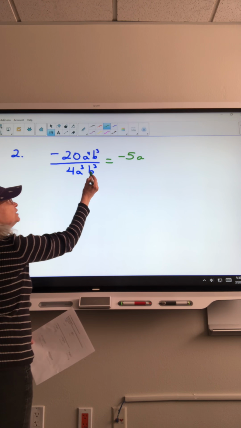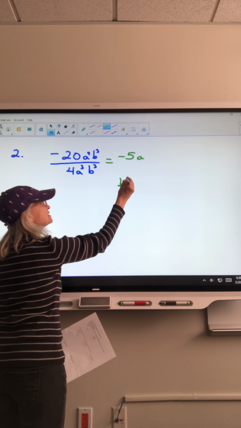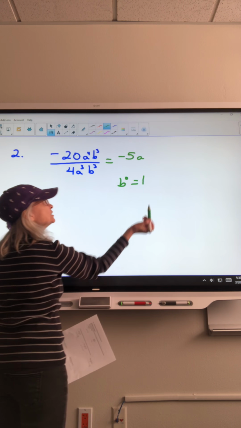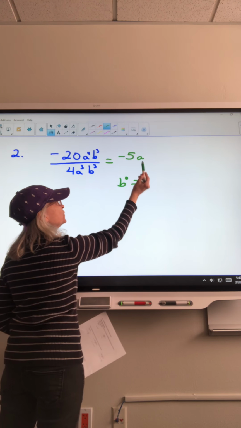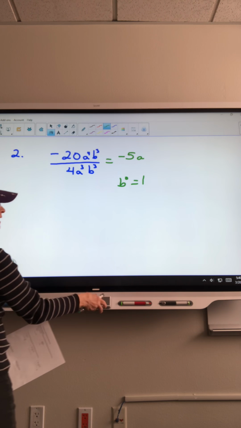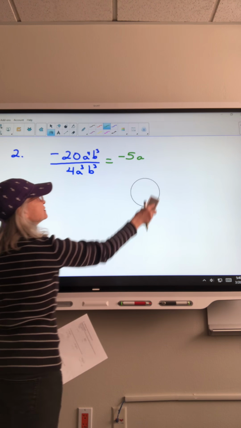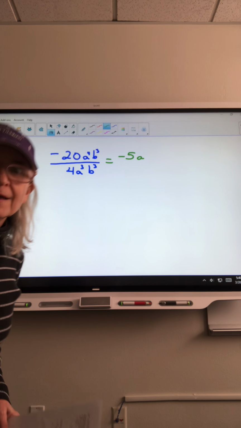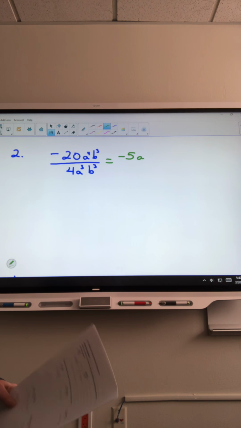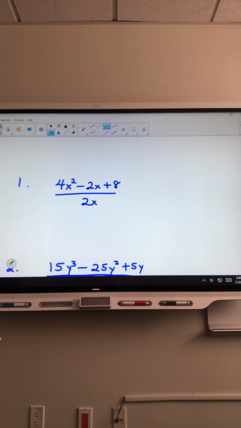B cubed and b cubed leaves you with b to the 0 power, which is equal to 1. And a negative 5a times 1 would still be a negative 5a, so we don't write it. So it's just a negative 5a. And how did you do on that? Okay, let's look at number 3.